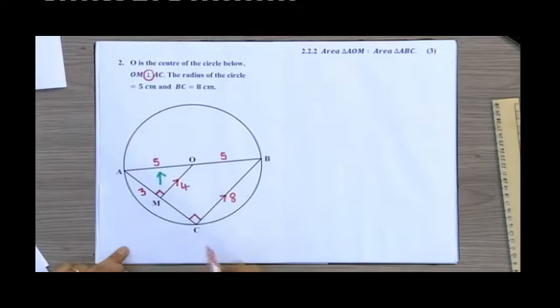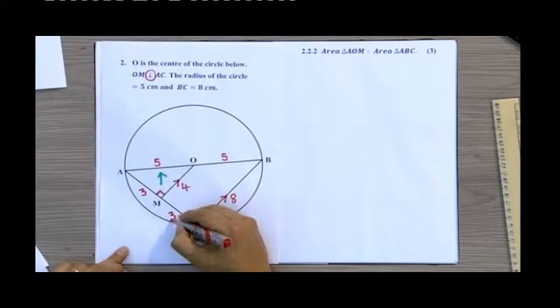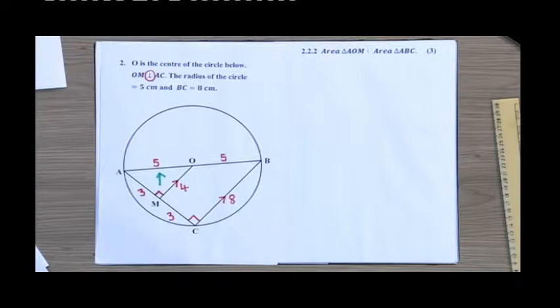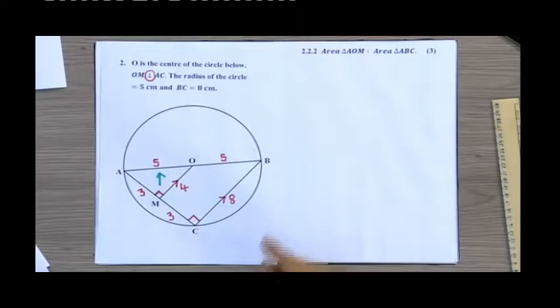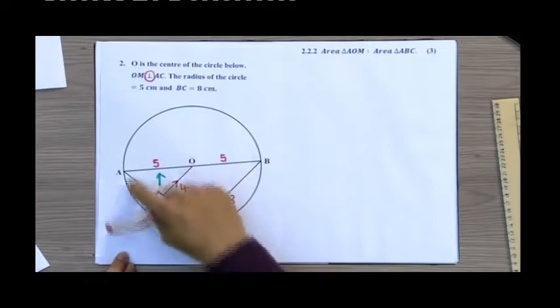So if that is equal to 3, then we know obviously MC is going to be equal to 3. Are you with me, guys? So if we need to work out the area proportion or the ratio from one to the other, then all that we have to do, we work with right angle triangles.